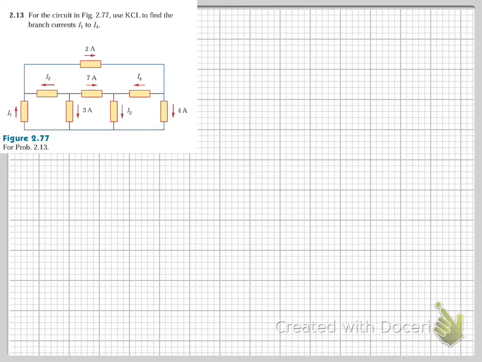And for 2.13, they say find the current I1, I2, I3, and I4. Okay, let's start at this branch.